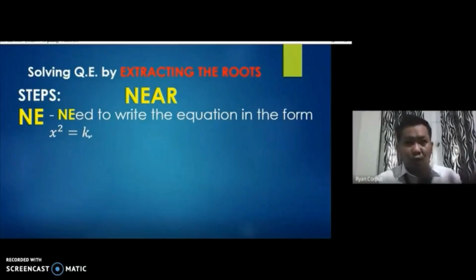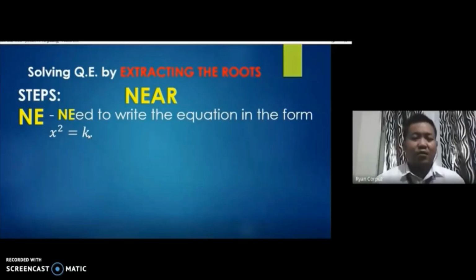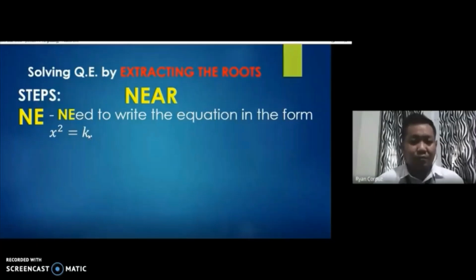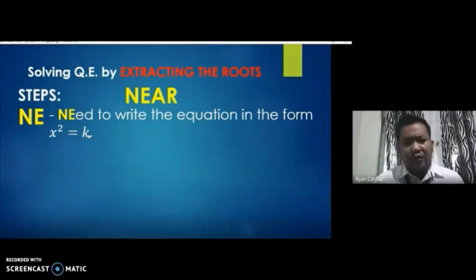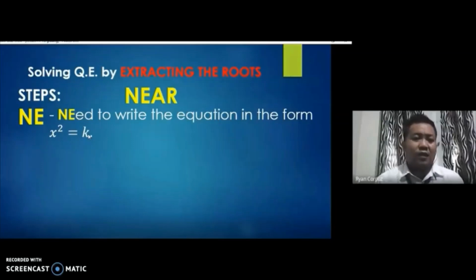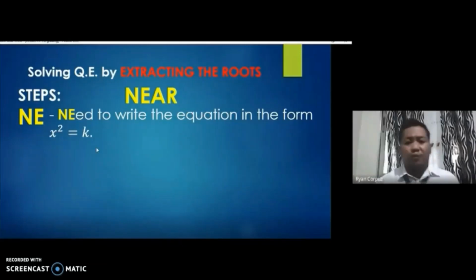So if you have only the quadratic term and the constant term in a given equation, you can solve that quadratic equation by extracting the roots. I guess that's the best way to solve a quadratic equation whose linear term is not present. So we can solve it by extracting the roots, by first rewriting it in the form x squared is equal to k.